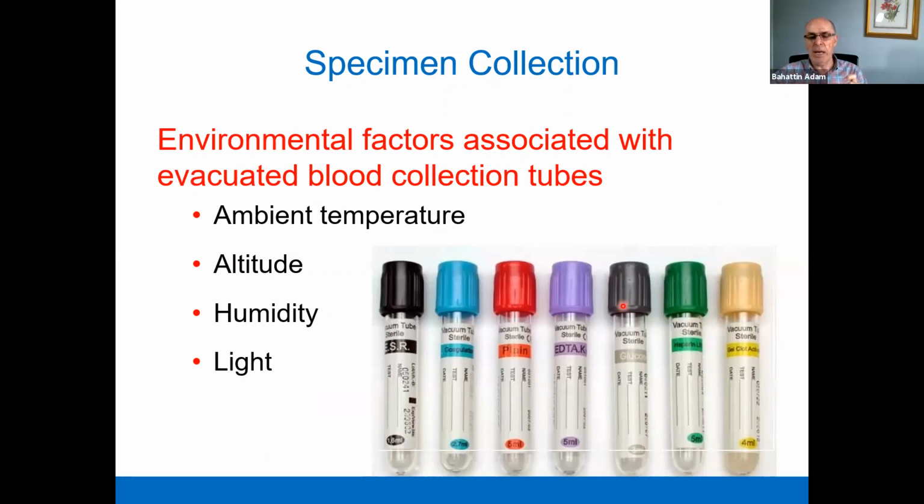There is a vacuum in these tubes, and therefore these tubes may be affected by ambient temperature, altitude, humidity, and light, because some of them include anticoagulants and such kind of additives. They may be affected by light, and therefore storage of such tubes is important.